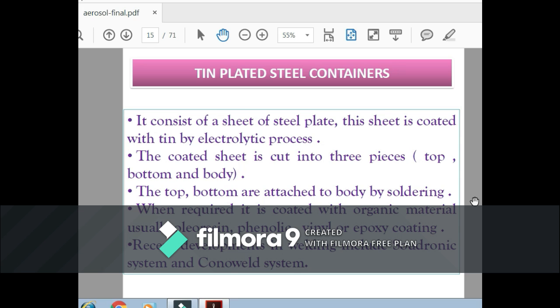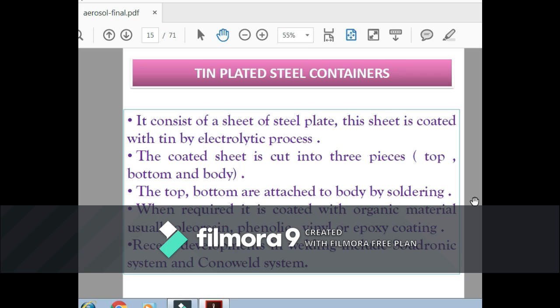Now what is the utility or the specialty of the thin plated containers? Generally, for thin plated steel containers, a sheet of steel plate is prepared, and firstly that steel plate is coated with the electrolyte process. When we give such a coating, there is no interaction between that steel container and your product.